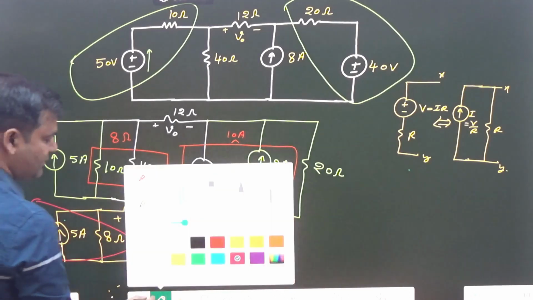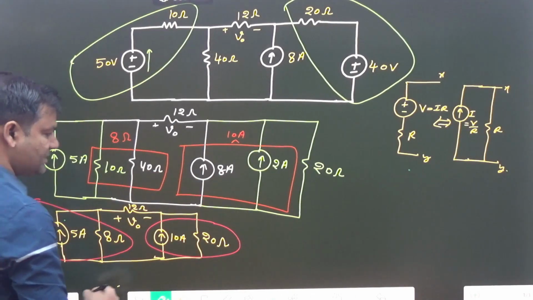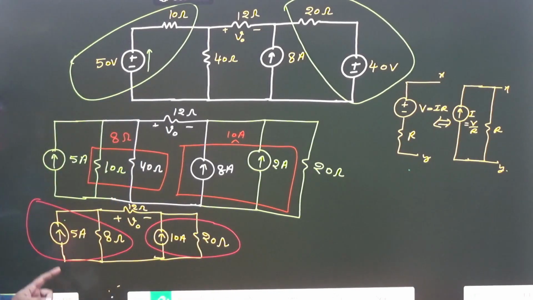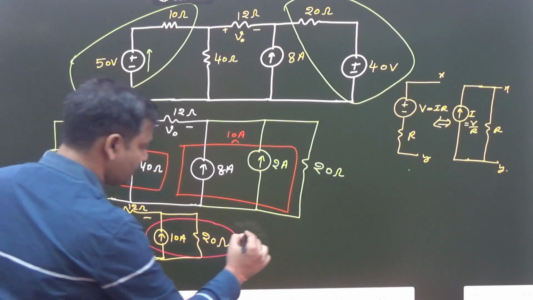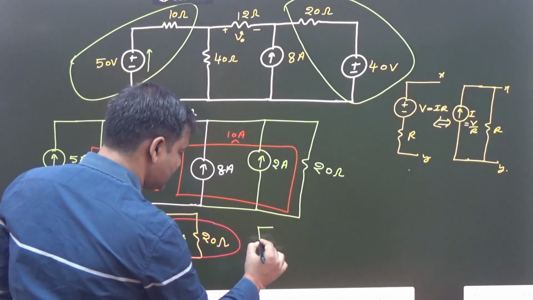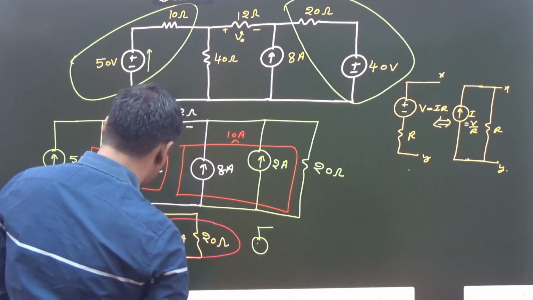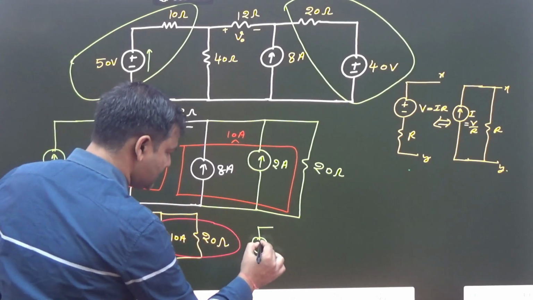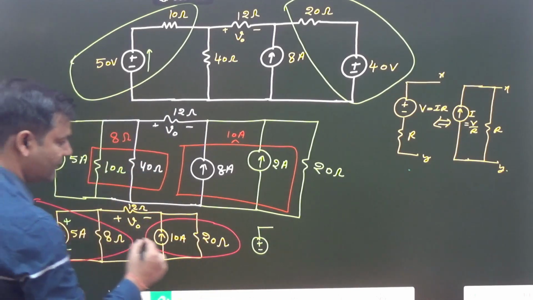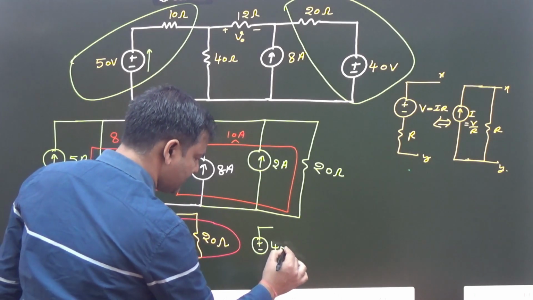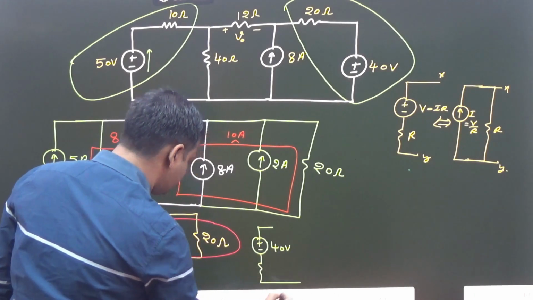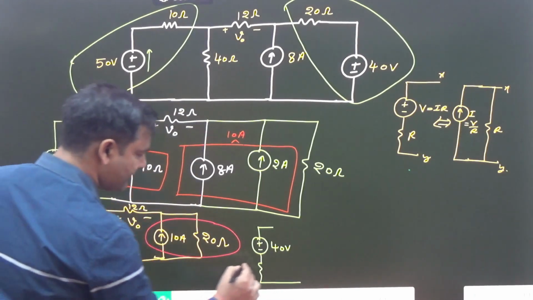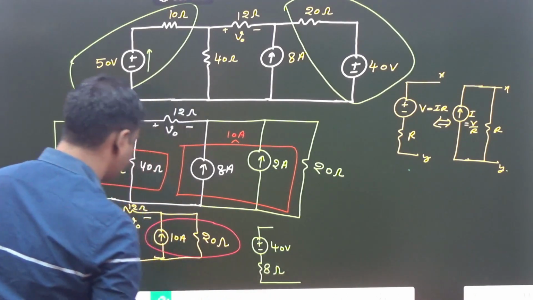Okay, so very simple. First of all, what about the voltage source? 5 into 8, that is how much? 40. So after converting, we get 40. Whatever polarity is decided by current direction upward, so plus here, minus here. That is 40 volt. And what about the resistance? That is 8 ohm.